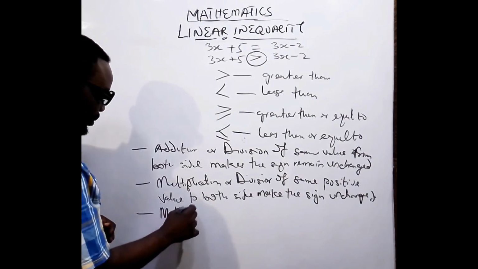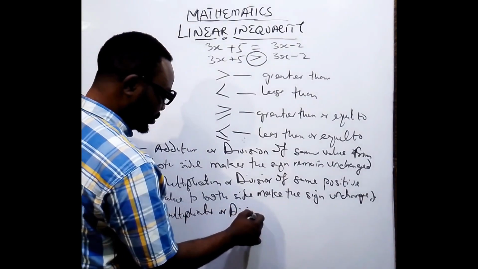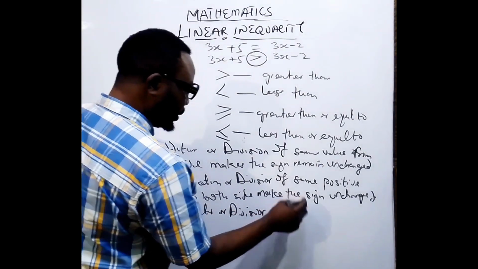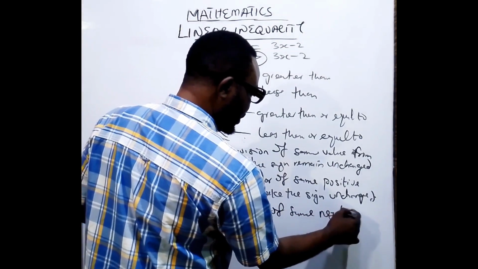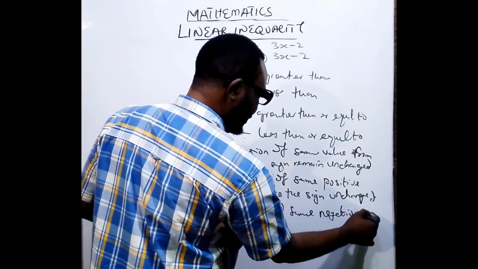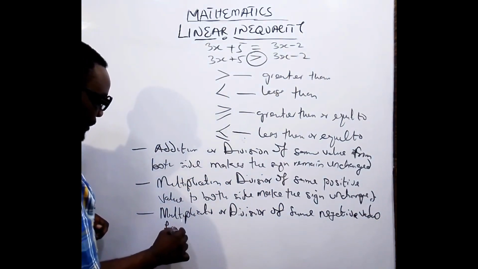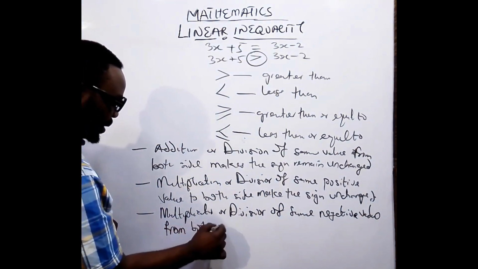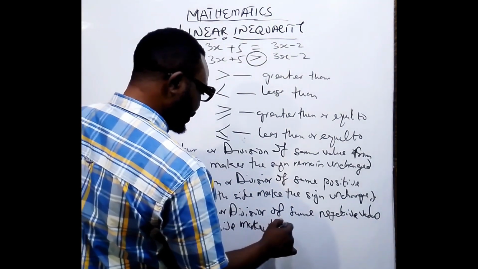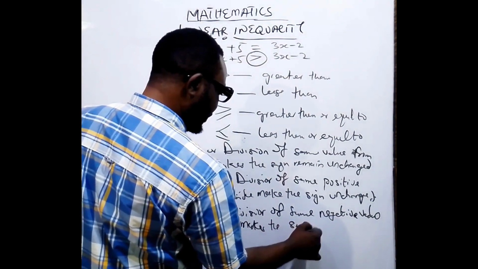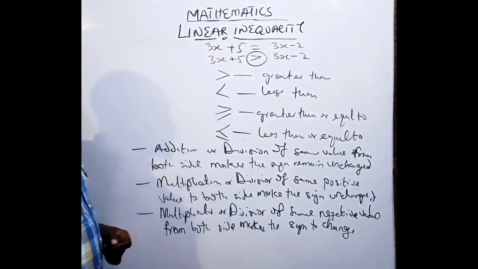Multiplication or division of the same negative value on both sides makes the sign change. And how does the sign change?